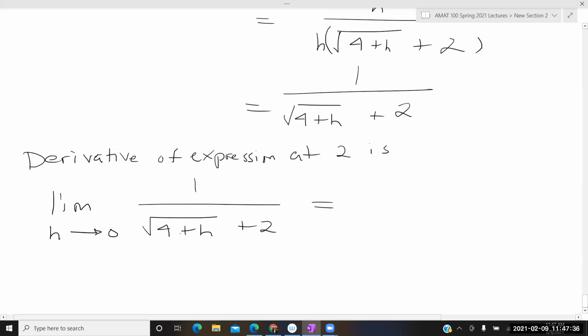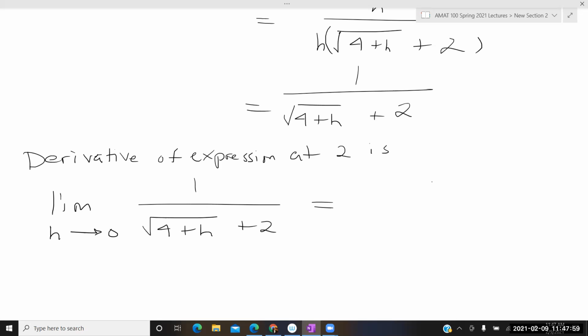If h is approaching 0, the idea is that this is a continuous function, which I haven't really discussed, but that doesn't matter. We have an intuitive idea of what a continuous function is. When h goes to 0, it's getting arbitrarily close to 0, and it will just eventually become 0.